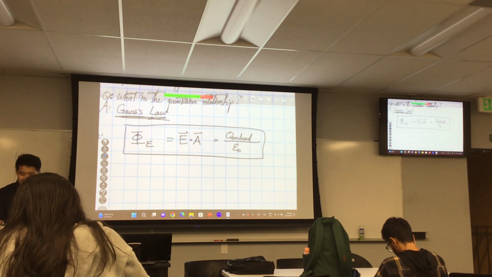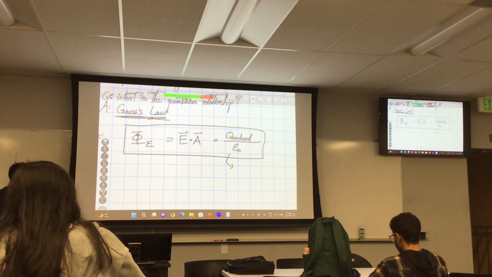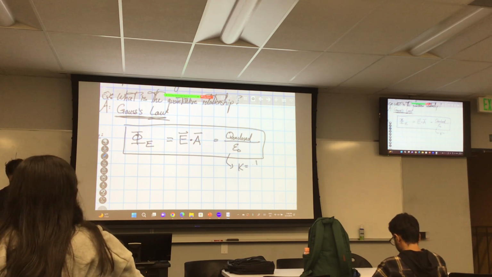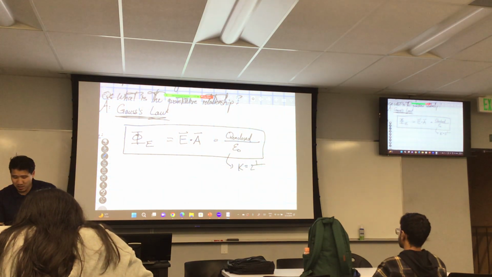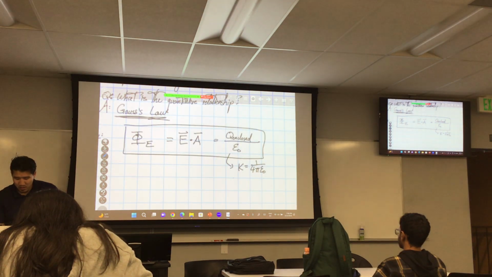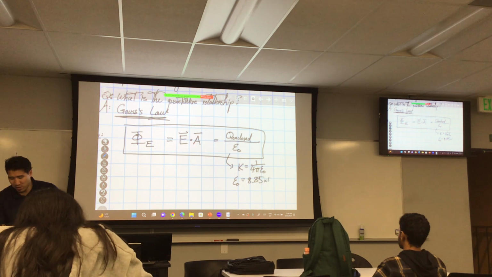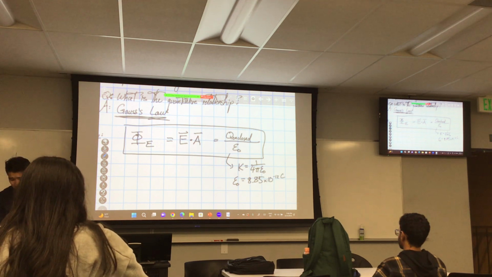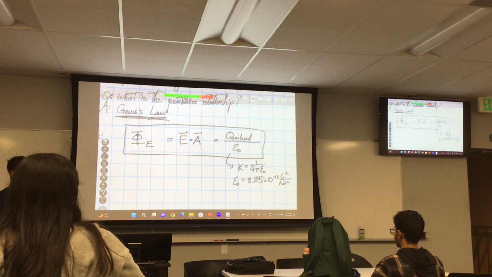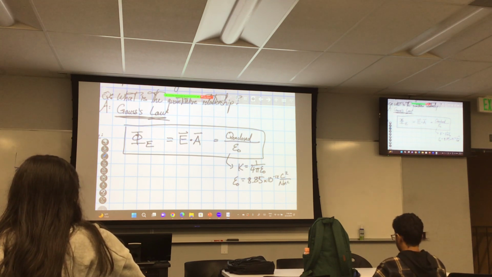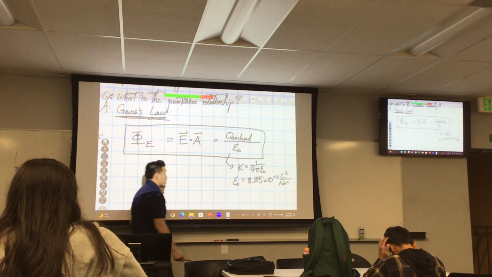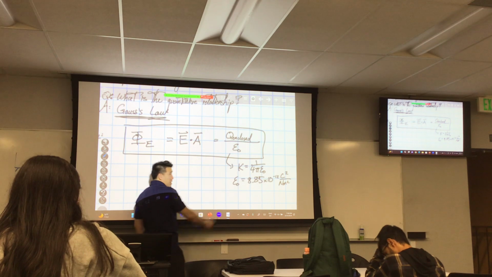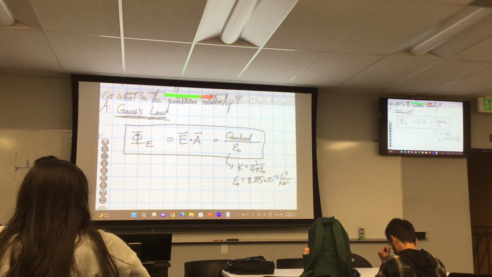And yes, this is that same epsilon naught that is related to the Coulomb's law constant. It is equal to 8.85 times 10 to the negative 12 Coulomb squared per Newton meter squared. And so this is where that epsilon naught idea really comes from. It comes from Gauss's law.